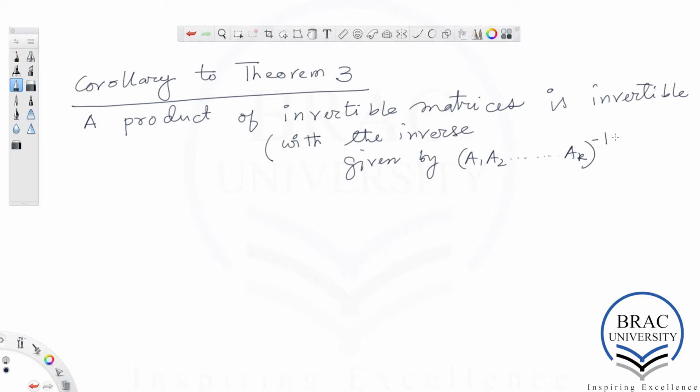The inverse of the product is going to be equal to the inverses placed next to each other in the opposite order. Okay, good. All right. Now our fourth theorem.